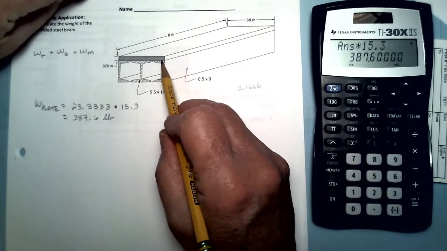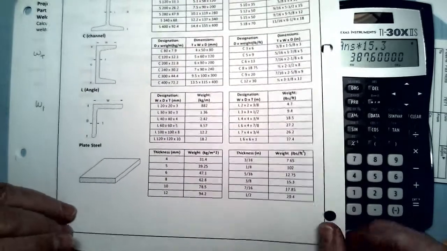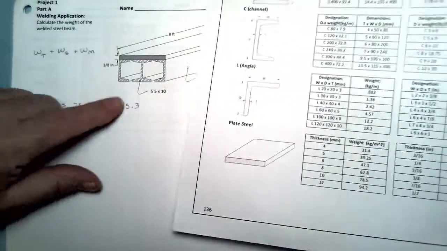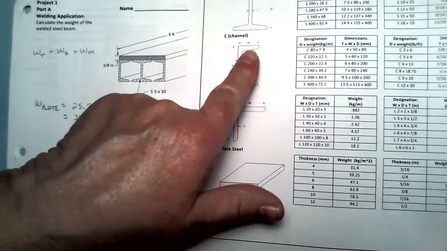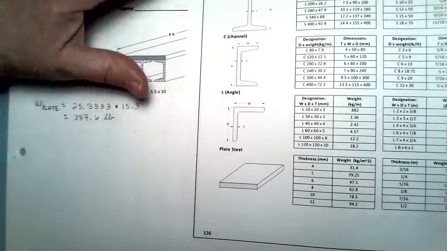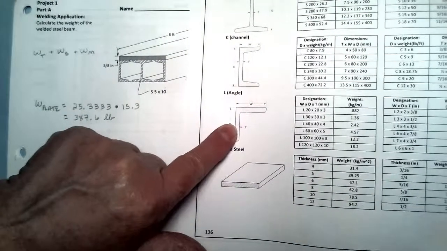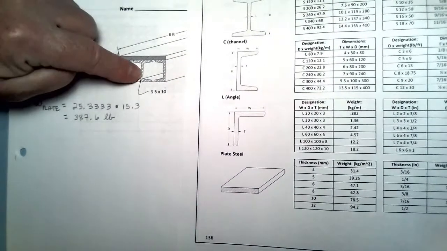Now let's take a look at this shape right here, and let's find it on our steel design table. And you can see that guy looks just like this C channel right here. And you might as well notice right now that this guy is the same shape as this one.